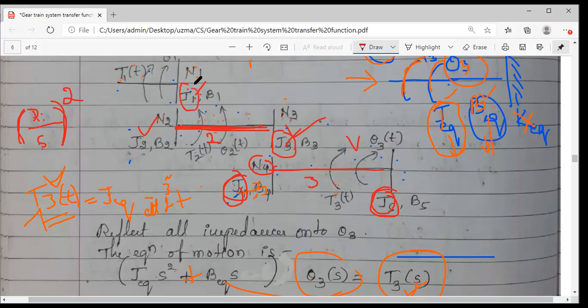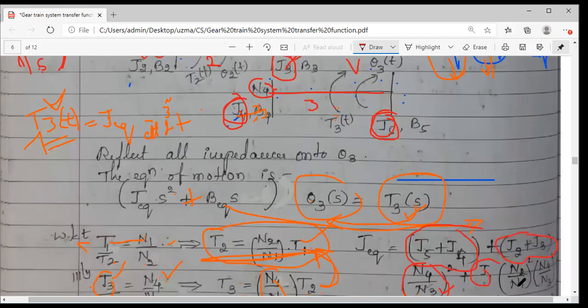When you take J1's reflection over the second shaft, the factor with which it is multiplied is destination shaft by source shaft, that is N2 by N1 whole square. Sorry, N2 by N1. So this is your first value, N2 by N1 whole square.